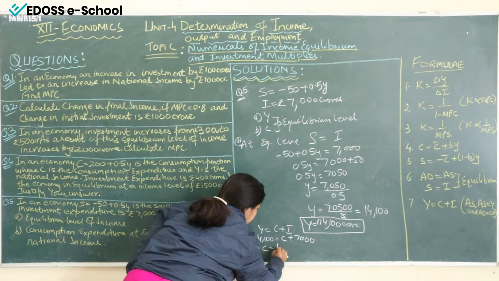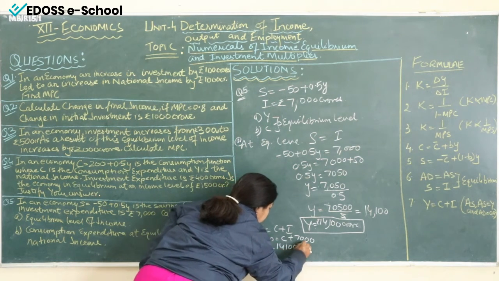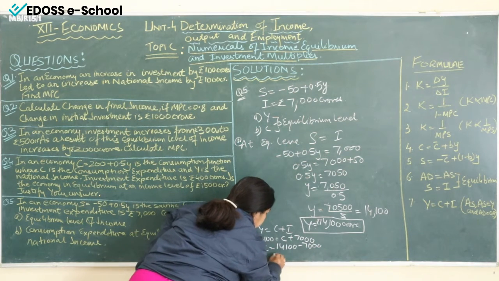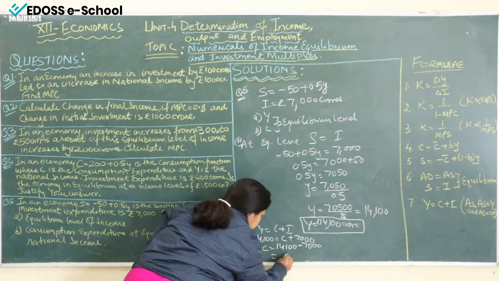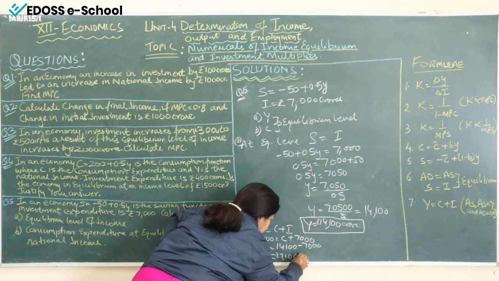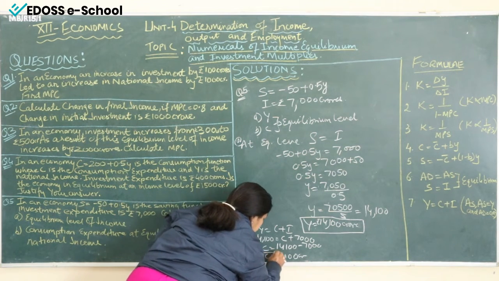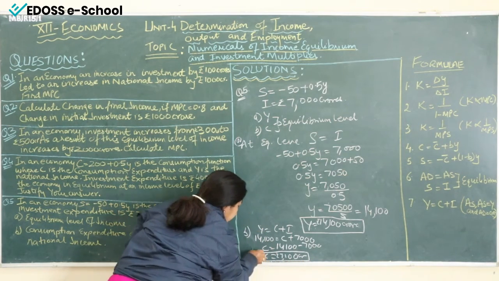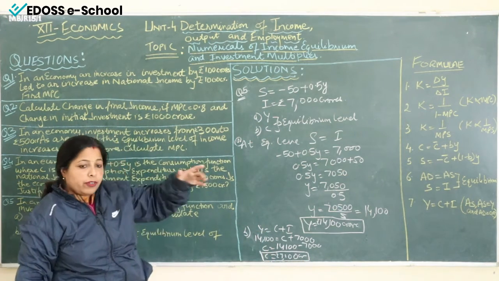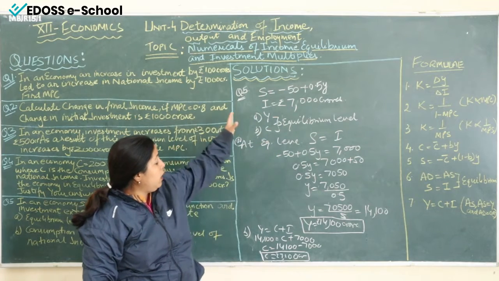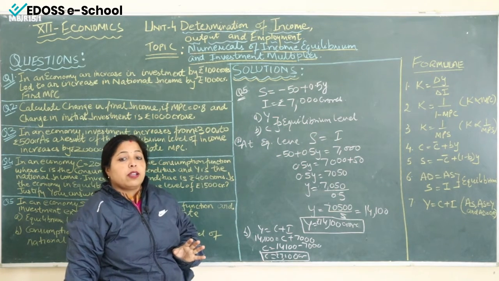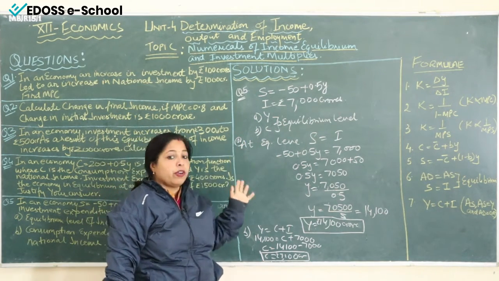So c will be 14100 minus 7,000, which is equal to 7,100 crores. That is the value of C. So see, with the help of equilibrium, we have completed the numerical related to the saving function.